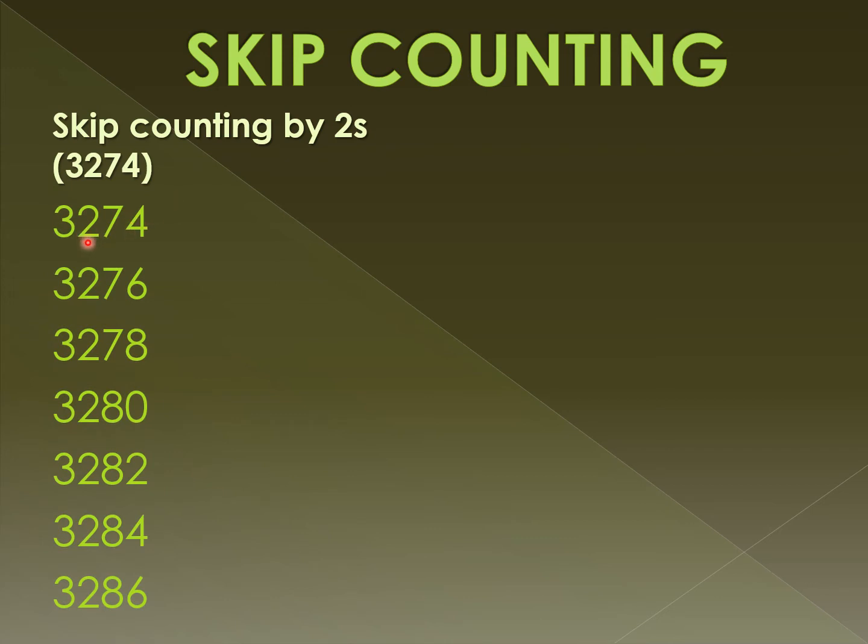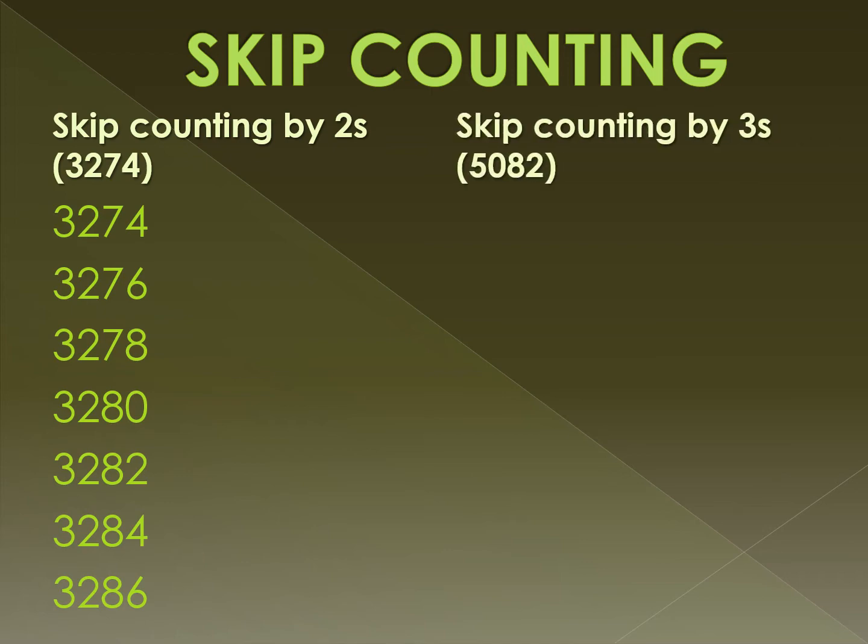So 3,274, add 2, 3,276, add 2, 3,278, add 2, 3,280, add 2, 3,282, add 2, 3,284, add 2, 3,286. So that's how we do skip counting by twos. Each time we add 2 to get the next number.